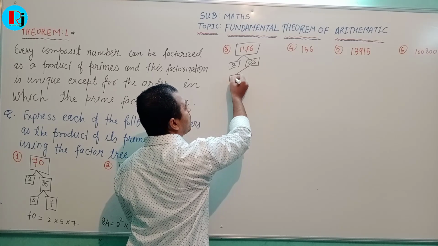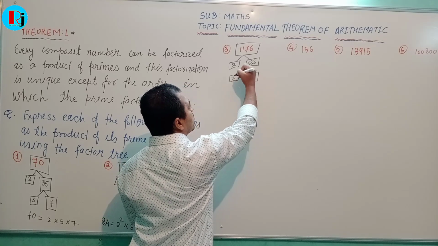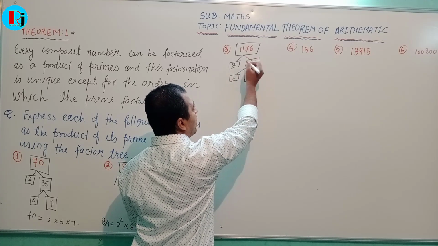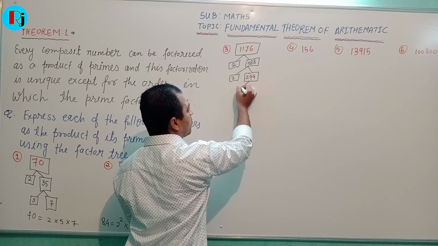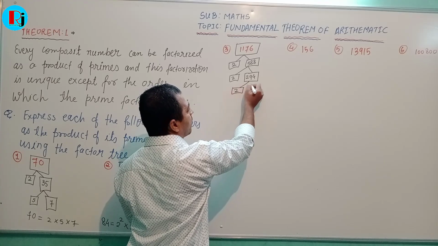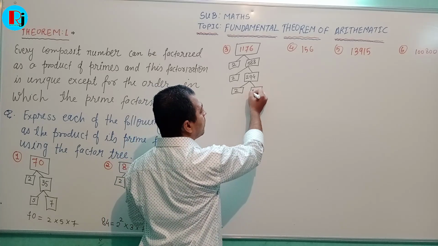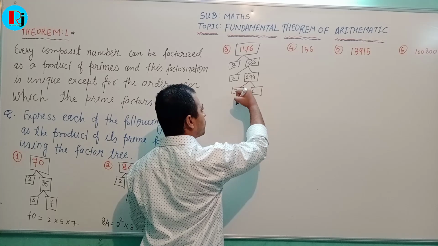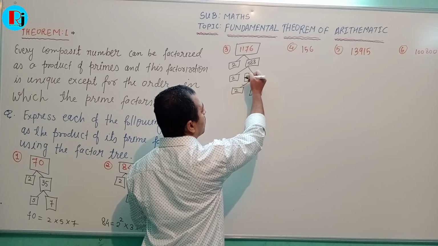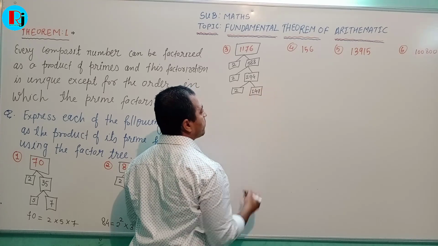Again splitting 588: 2 twos are 4, 18, 9 eights are 4. Again 294 is to be split: 2 fours are 8, carry 1, 14, this is 7.